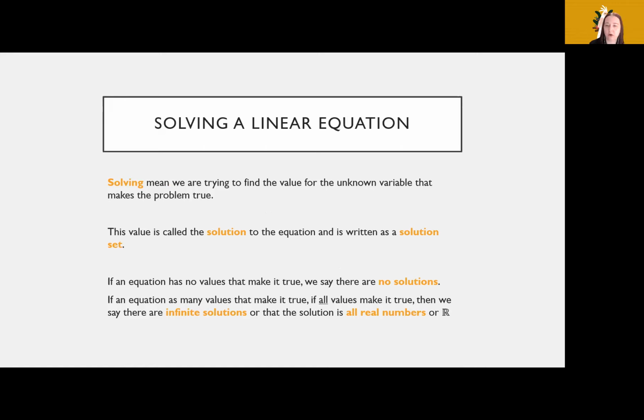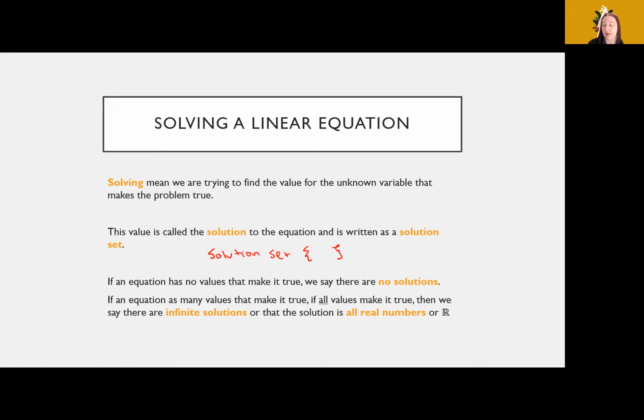So if you see the phrase solution set, like in Connect Math, that's saying that they want the number inside the curly braces, because those braces are used to indicate a set. So you would just put whatever your answer is inside there. If it doesn't say solution set, then you could write like the equation x equals and then the number. So you do have to kind of pay attention to the language so that you know how the answer is supposed to be written.